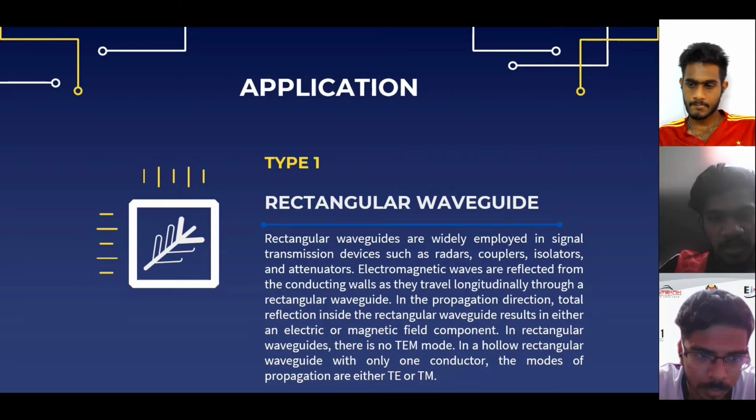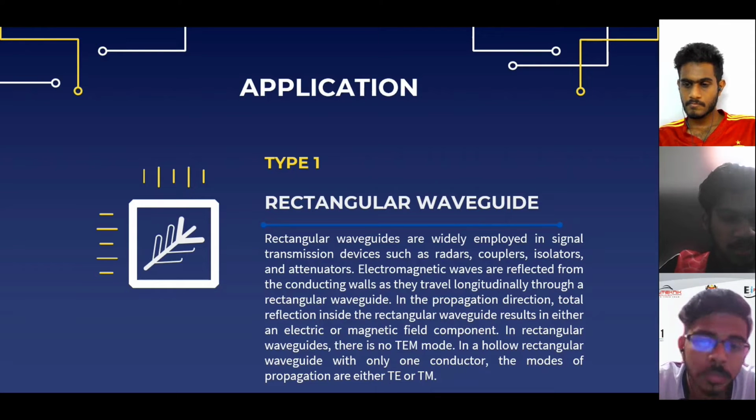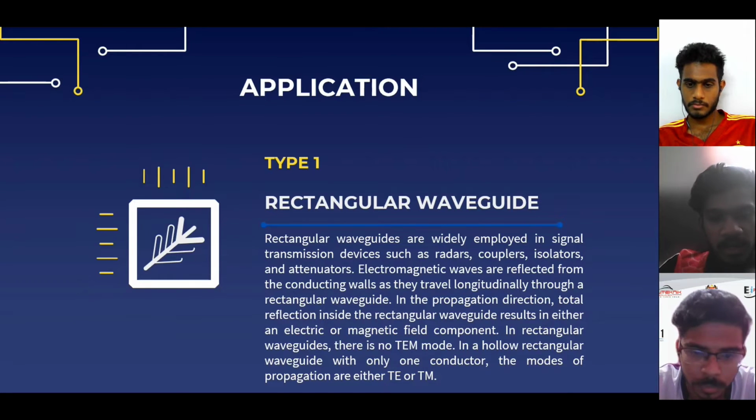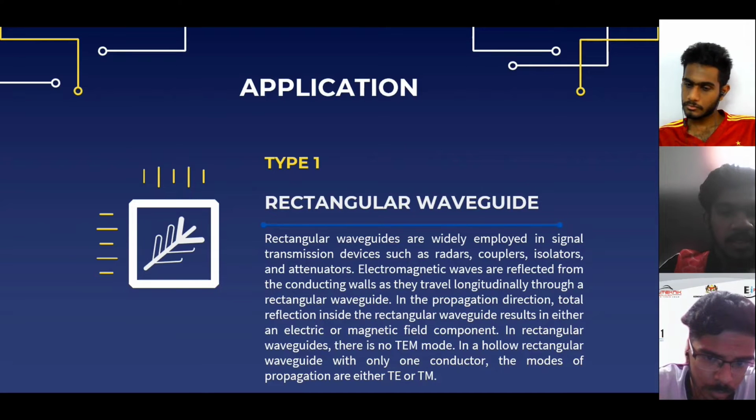In the propagation direction, total reflection inside the rectangular waveguide results in either an electric or a magnetic field component. There is no TEM mode in a hollow rectangular waveguide with only one conductor. The modes of propagation are either TE or TM.